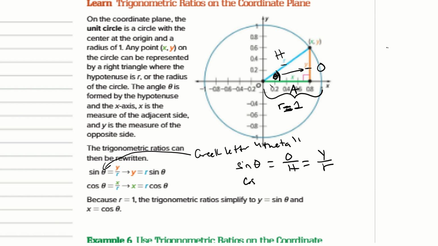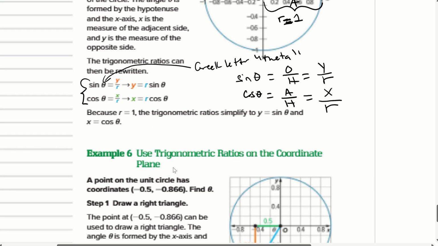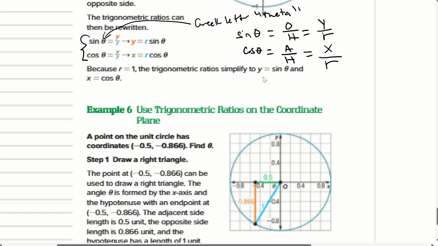And then cosine is adjacent over hypotenuse. Remember SOHCAHTOA. The adjacent is the x coordinate, and the hypotenuse is the r, the radius. And that's how they get these formulas. Of course, we could solve for x and y by moving the r to the other side.